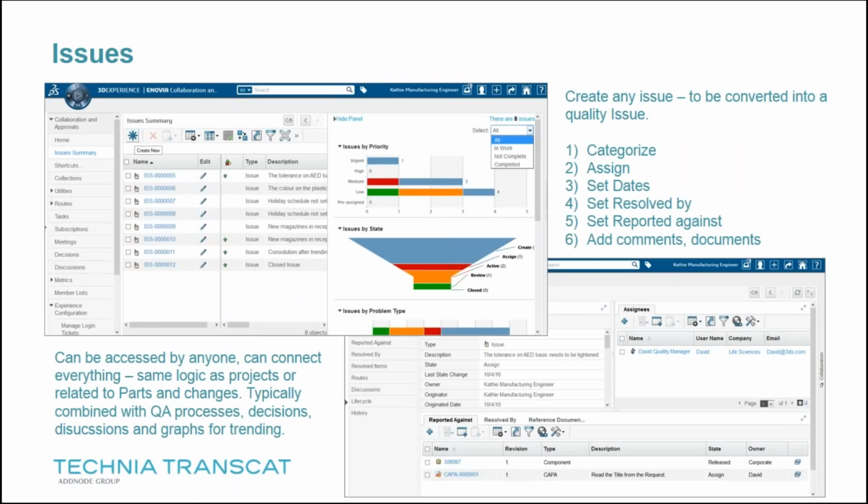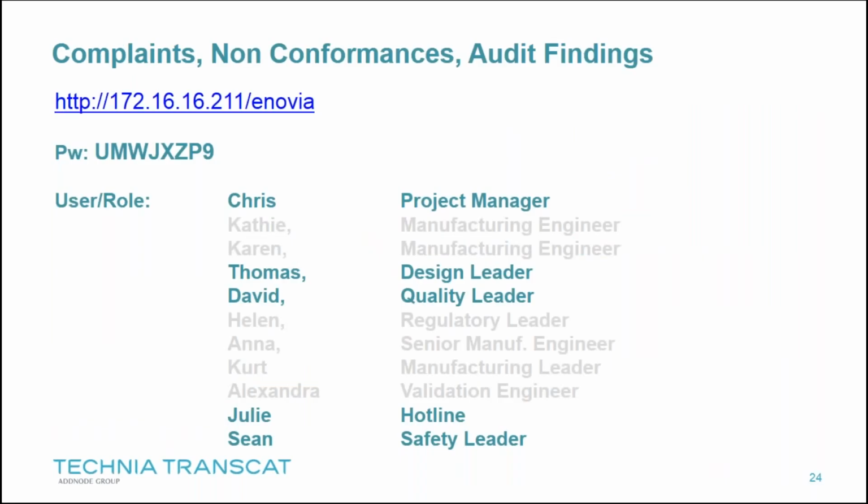And there is good functionality to channel any kind of issue connected with your parts, your products, your complaints, whatever it might be in your organization, connected to a responsibility, and make sure that it's channeled properly through the organization. Once it's captured, you can qualify it further and convert it to other types.